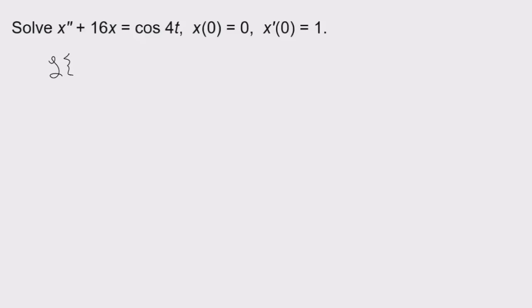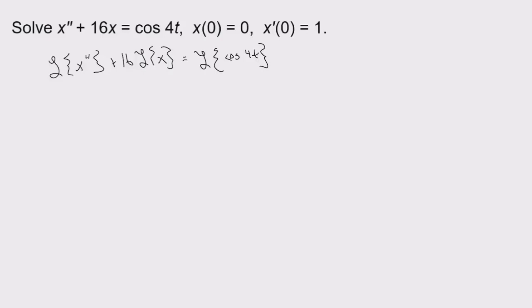So I want to take the Laplace transform of the second derivative plus 16 times the Laplace transform of x and the Laplace transform of cosine of 4t.